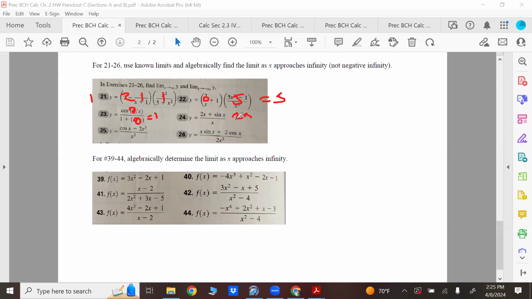Here you can write it as 2x over x plus sine x over x. That's just 2. Here's cos x over x cubed minus 2x cubed over x cubed. That should just be 0 minus 2, so you get negative 2.